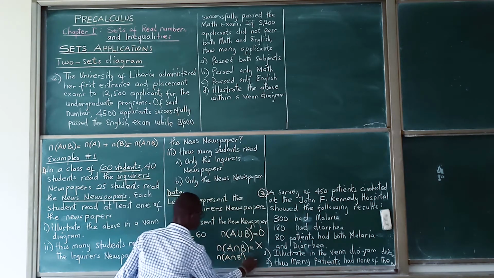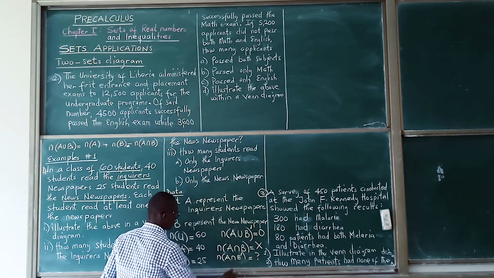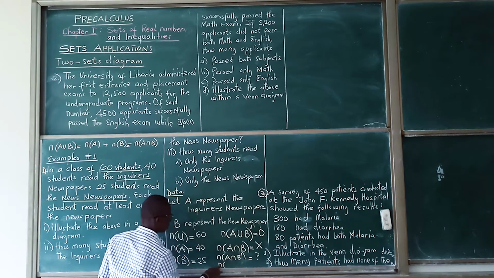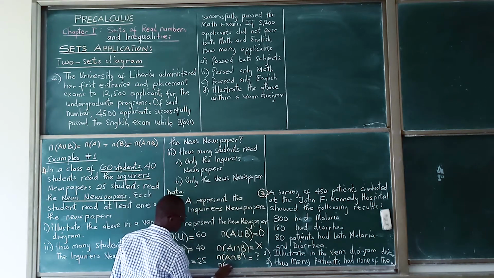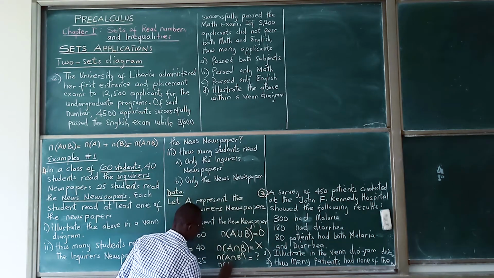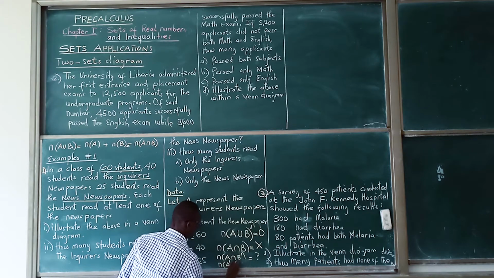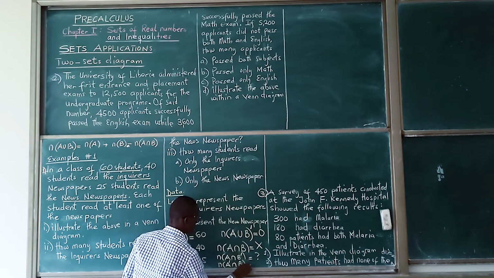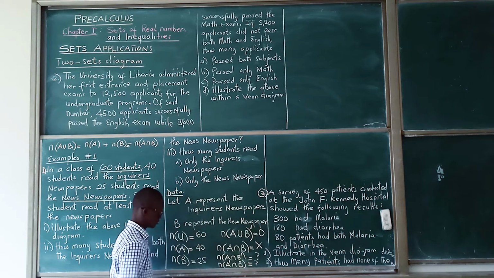So that is also equal to a question mark. And also, how many students read only the newspapers? So A is not part of it, so we say A prime intersect B, because A is not part of it. It's also a question mark.